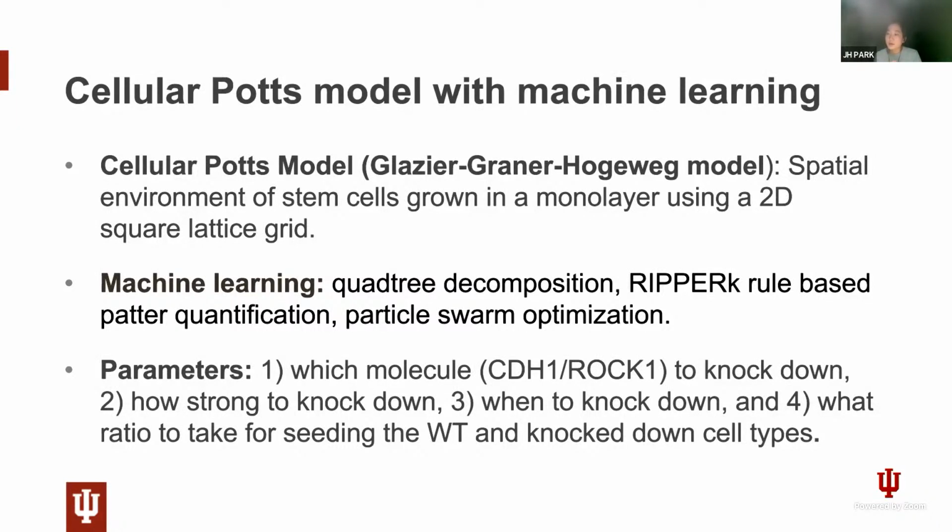Using this method combined with particle swarm optimization, they made a CPM, or cellular Potts model, in silico experimental parameter sweep to find the optimized parameter settings for the in vitro pattern. So overall, the parameters we use are which molecule to knock down, how strong to knock down, when to knock down, and what ratio to take for seeding the wild type and those two knockdown cell types.